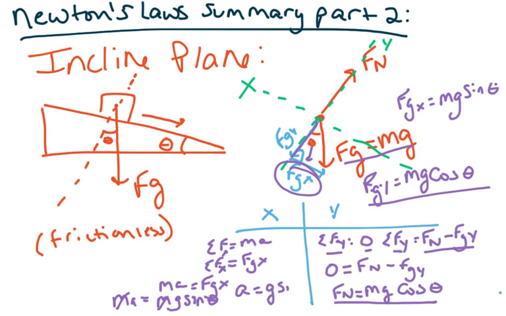And I get an equation for the acceleration of g, which is the gravitational field strength, times the sine of theta. And if there is no frictional forces or no other horizontal forces, this will also always be a true statement. But again, it has to only have this horizontal component of gravity acting on it and no friction.